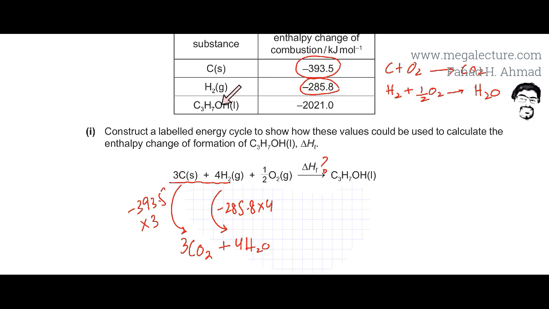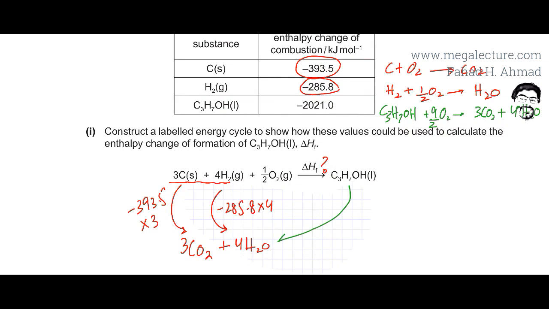Let's look at the third part now, which is the enthalpy change of combustion of C3H7OH. That's given as minus 2021.0 kilojoules per mole. So the enthalpy change of combustion of propanol is propanol burning produces 3 carbon dioxide and 4 water molecules. So it is this part over here.